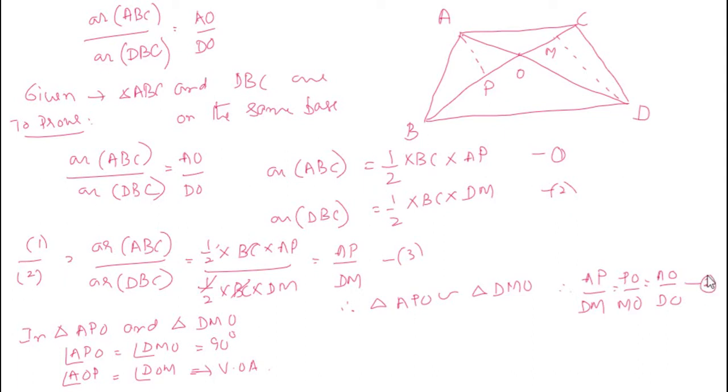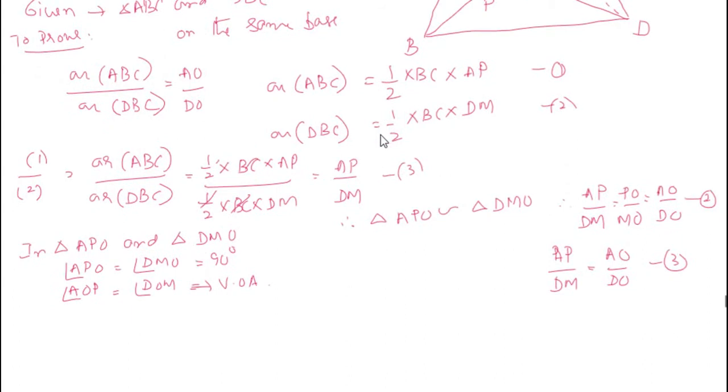This is 4. Or you can say that AP by DM is equal to AO by DO. This is 5.